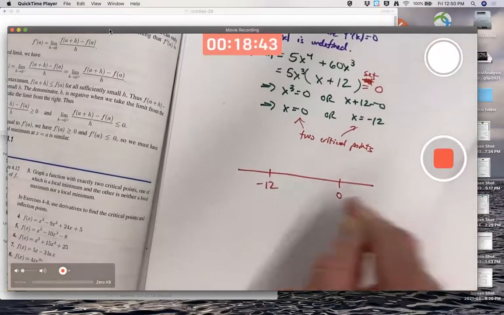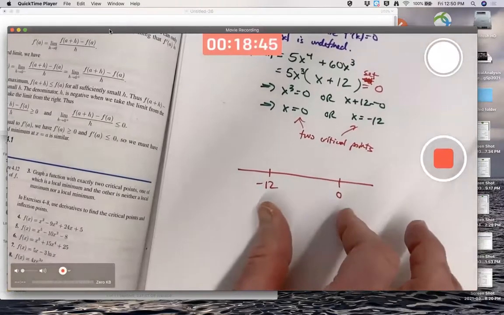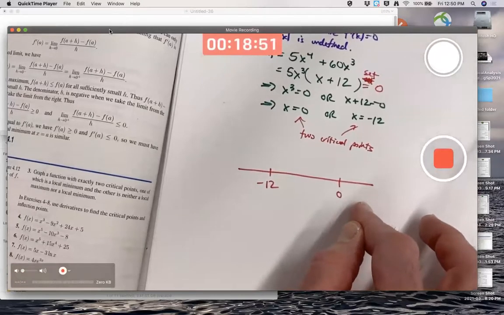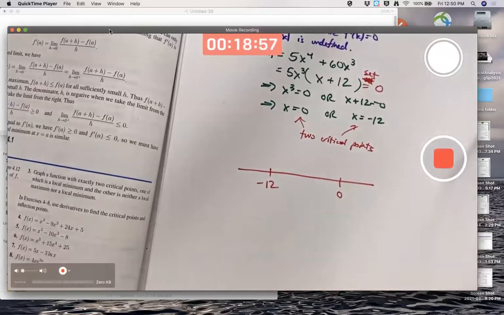In between these three intervals that these two numbers break the number line into, the derivative is either going to be positive or negative. And it's continuous. It's got to change sign at those critical points from positive to negative or negative to positive. Sometimes it actually doesn't change sign at critical points, and that might happen here, but let's see what happens.